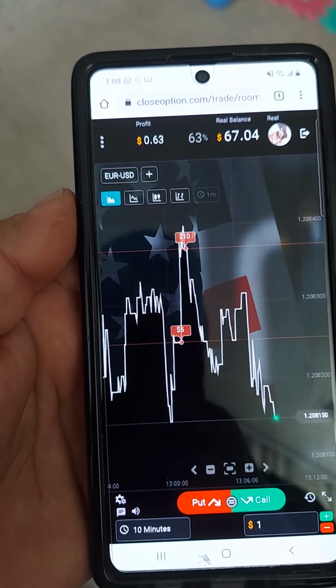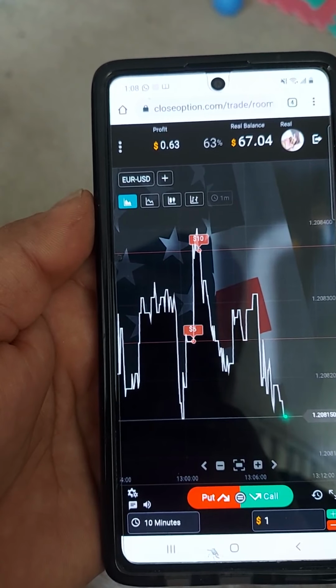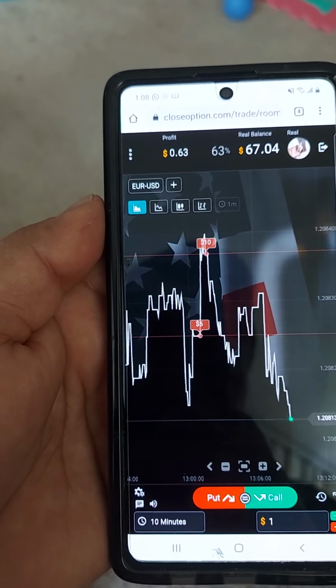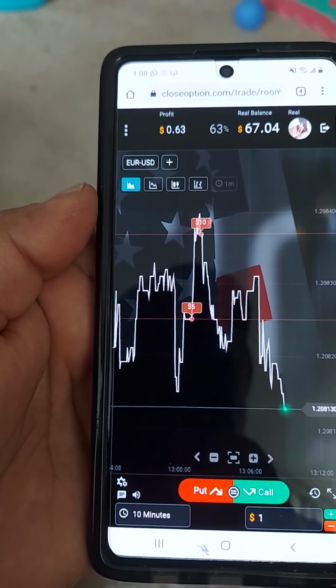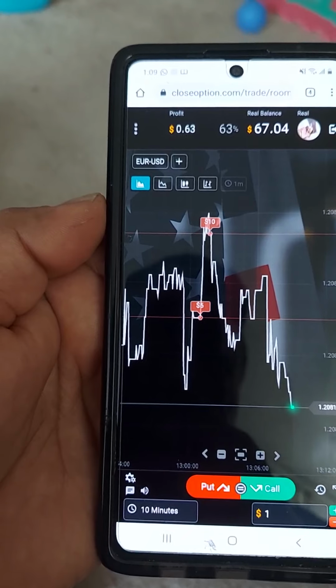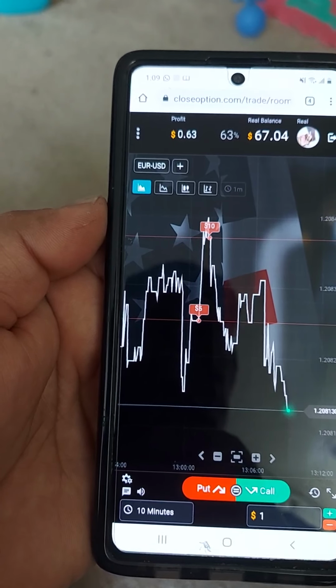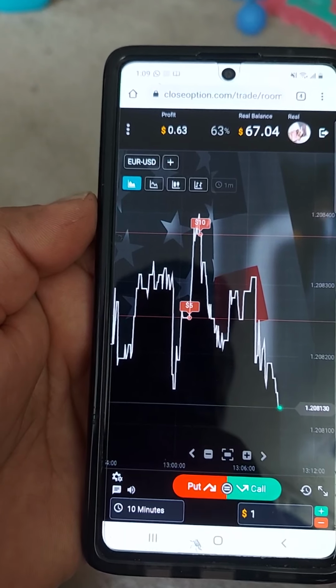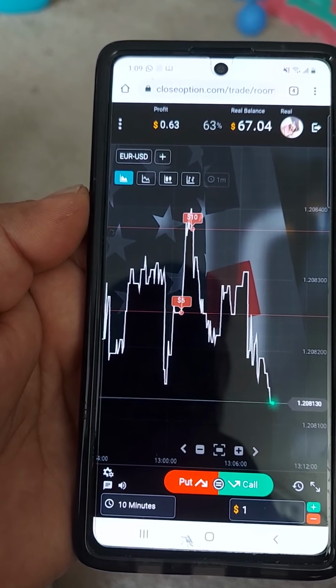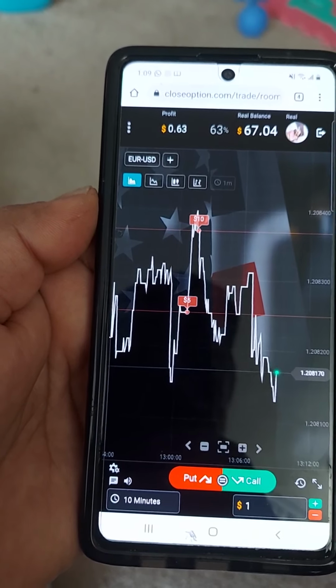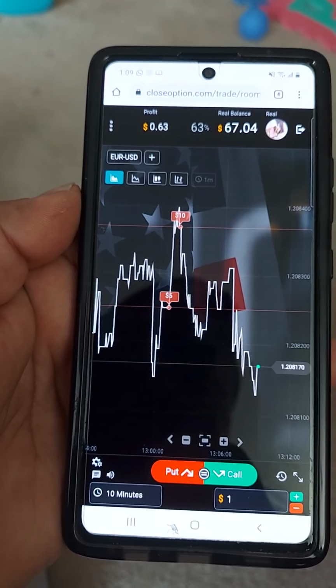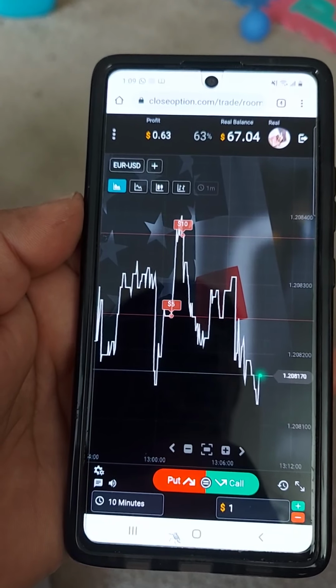See guys, the market is just dropping like I predicted. Not all the times you can predict the market. Sometimes when it's in contraction mode, you can be the best trader, but you cannot tell exactly where it's going. But a lot of times when it's trending up or trending down, it's easy to predict.